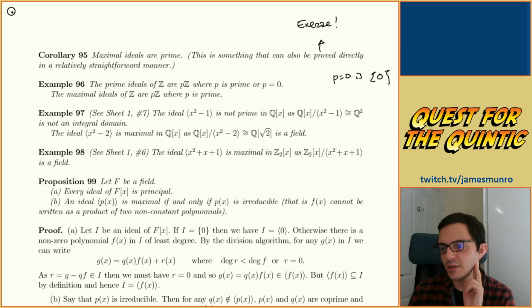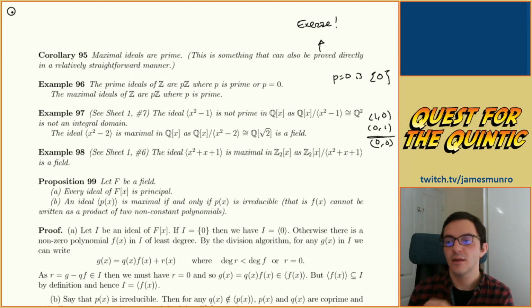That's not an integral domain because Q squared contains things like (1,0) and (0,1), which multiply pointwise to give (0,0). But neither of those is 0.